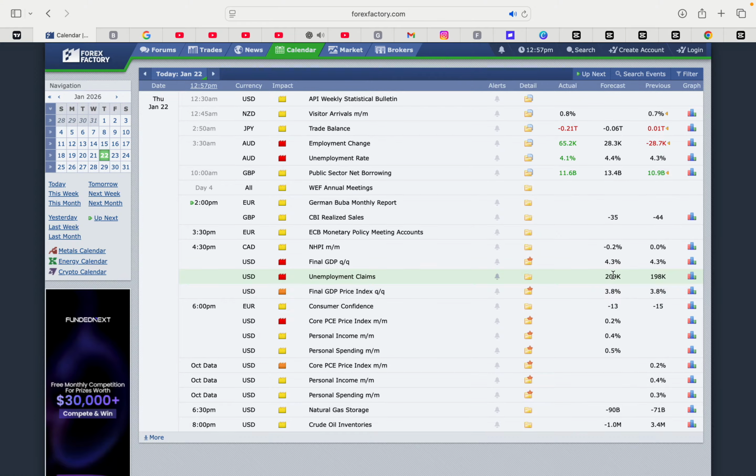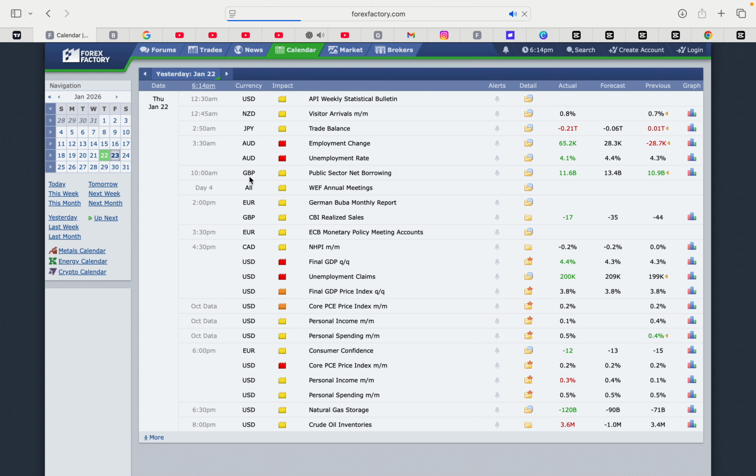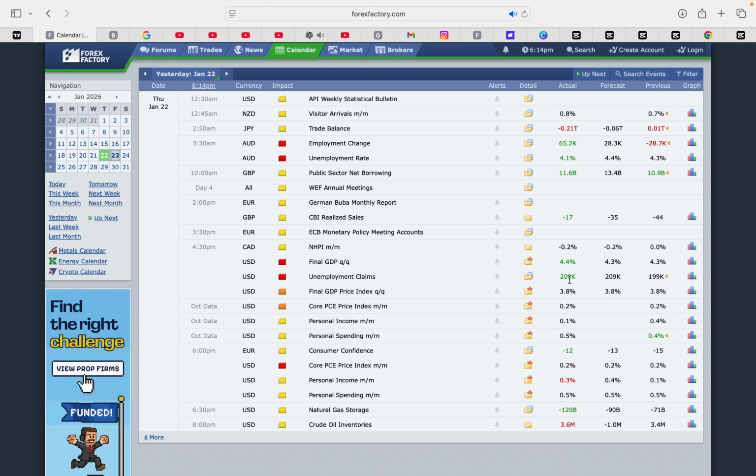As you can see here, unemployment claims had a 209 forecast. It didn't give the results. Okay, so it's above 200k. Normally, if the unemployment claims are above 200k, that means something is affecting the price, like the dollar index.